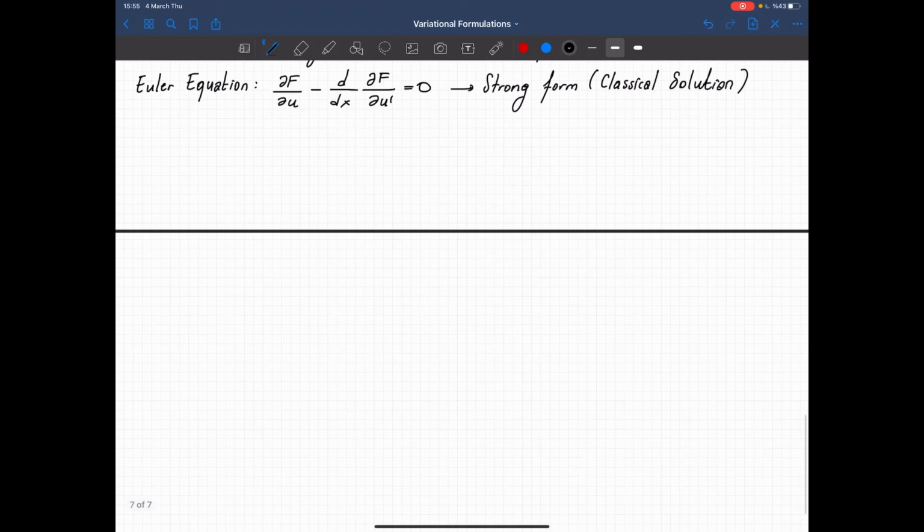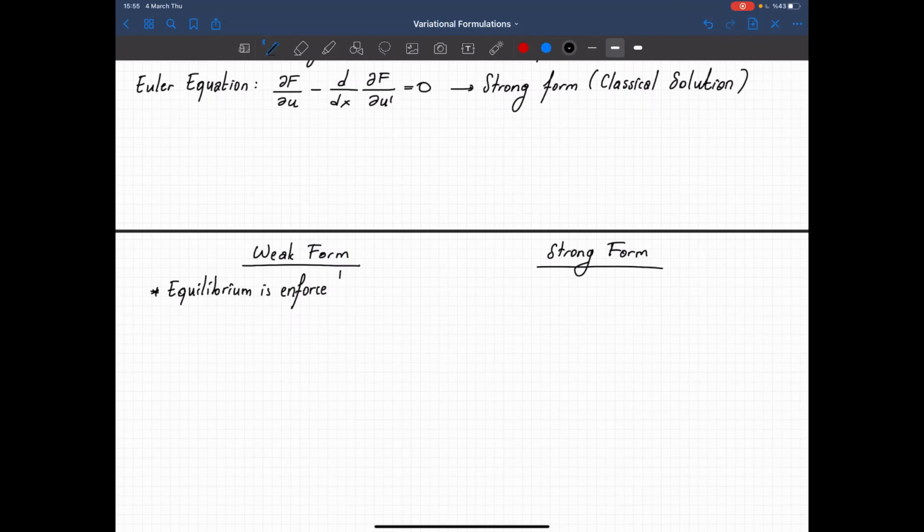Now let's make a table. On one side we have the weak form solution, and on the other side we have the strong form solution. So here the equilibrium is enforced in an average sense.